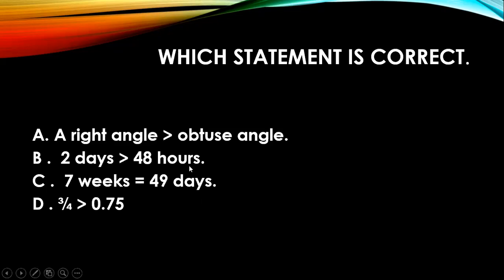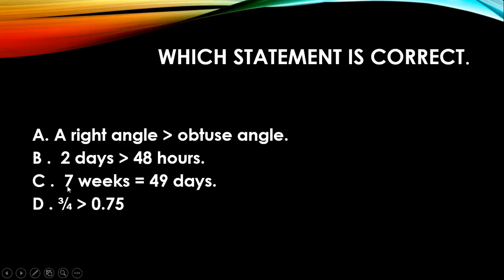So if someone tells you that 2 days is greater than 48 hours, the statement is false because 2 days is equal to 48 hours. So the sign that's supposed to be here is an equal sign and not a greater than sign. So statement A and statement B, all of them are false.